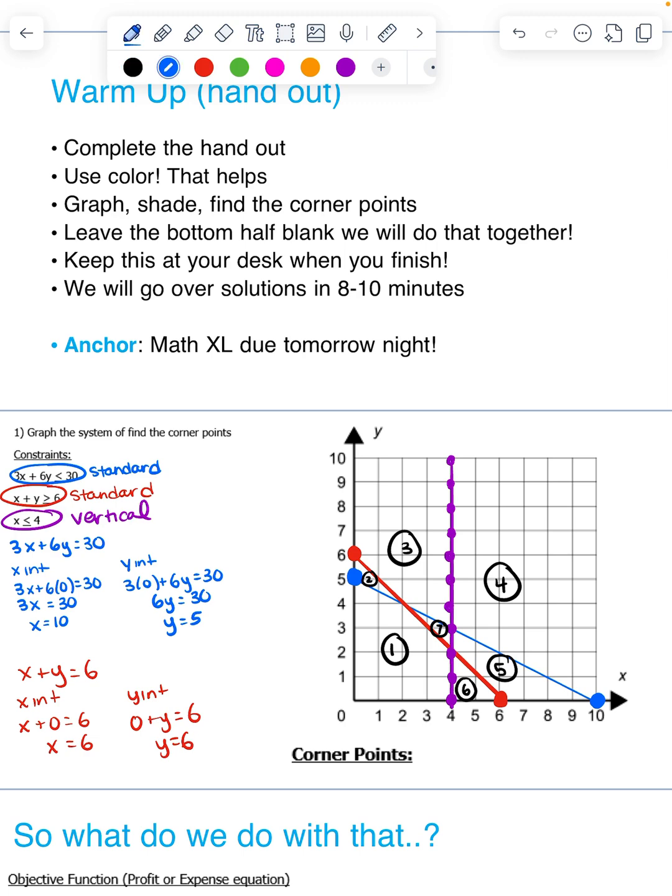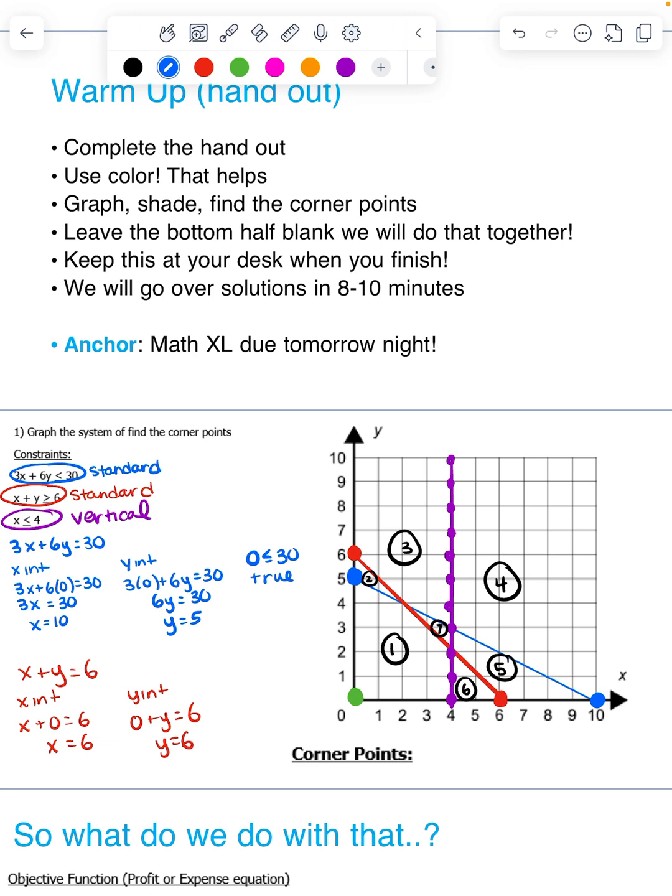Now what we're going to do is test our point 0, 0. That's our test point. So for the blue line, if I test 0, 0, I get 3 times 0 plus 6 times 0. 0 is less than or equal to 30. And that's true.